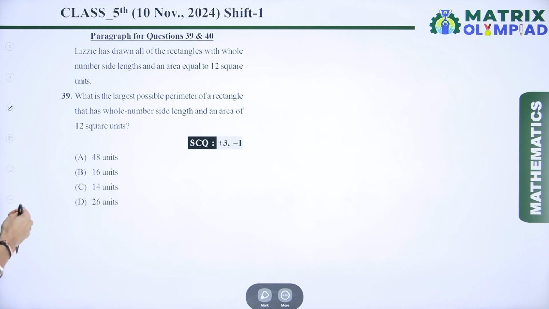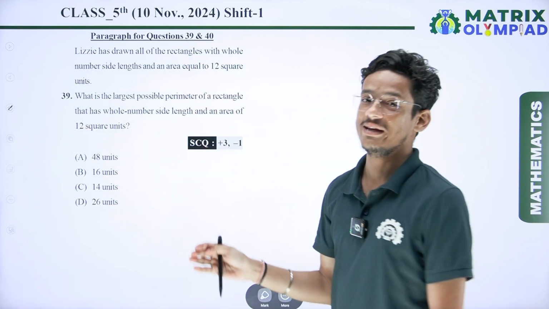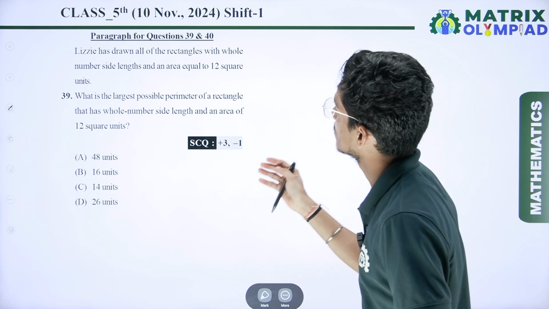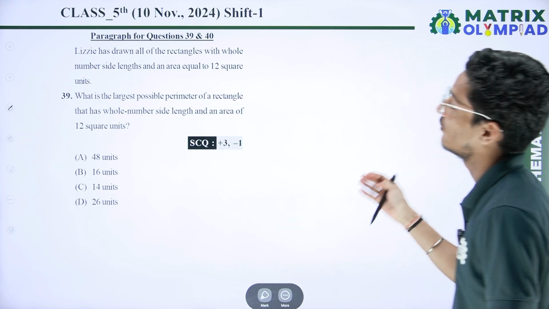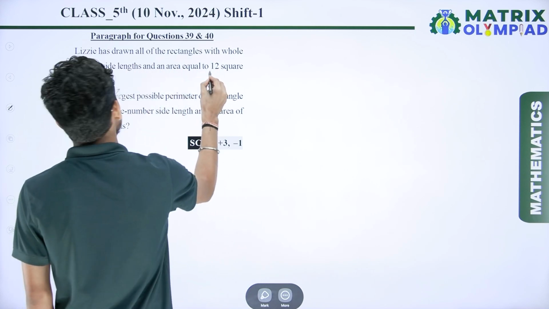So now if I talk about the next question, which is based on a paragraph. So the paragraph is that Lizzie has drawn all of the rectangles with whole number side length and area equal to 12 units.